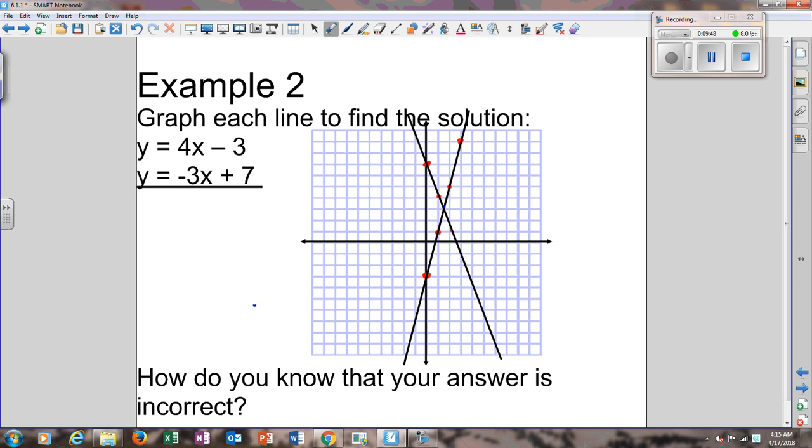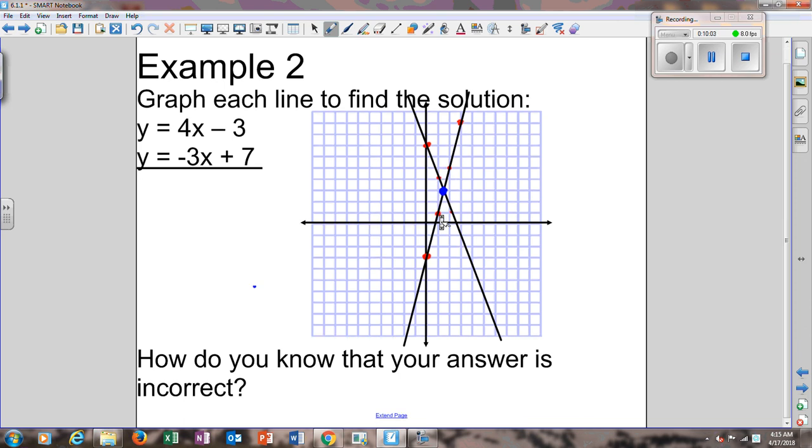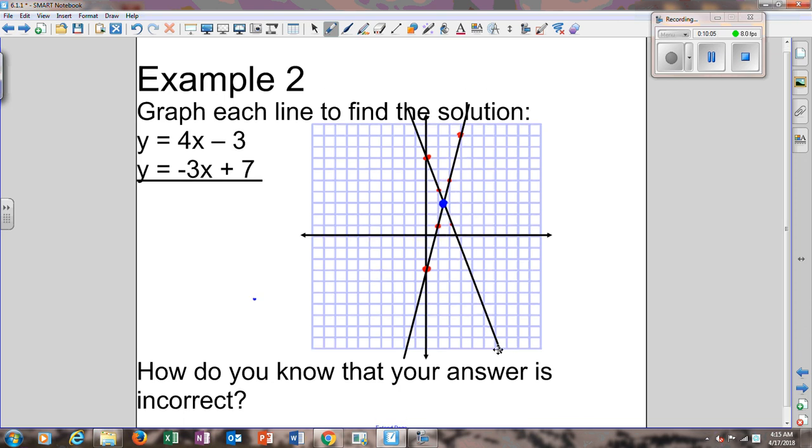Now, how does this look? It looks like they intersect right here at about (2.5, 3). So, as you can tell, we're not always going to have a perfect answer.